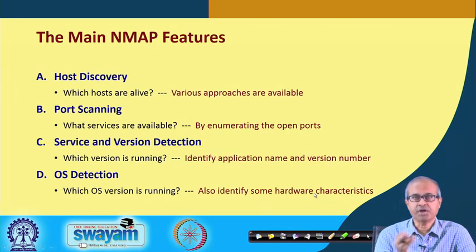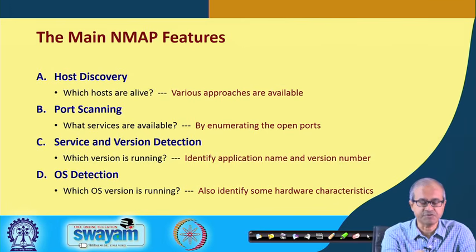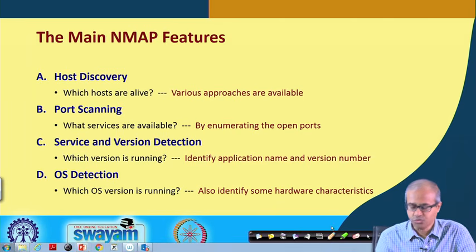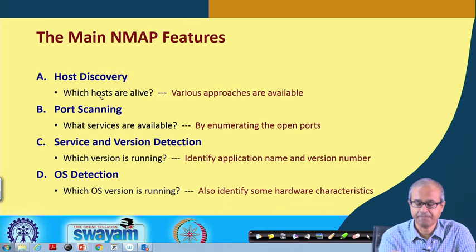Talking about the features that NMAP provides, broadly speaking, there are 4 features. First and foremost is host discovery. Here you are trying to find out which hosts on a network are currently alive. Here again there are various approaches, some of which we shall be discussing.